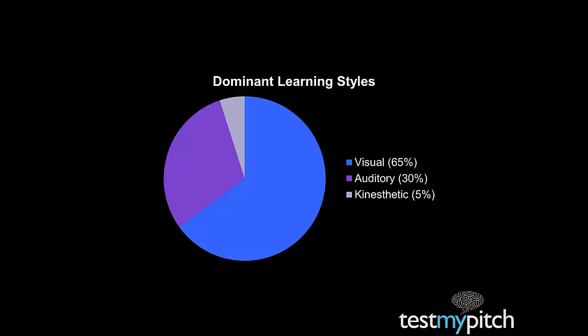So if we're only getting our feedback auditorially, unfortunately, we're missing the most dominant learning style that is predominant in most individuals. And so making sure that we give visual feedback that people can react to will really add to an individual's ability to contextualize and learn and grow much quicker.